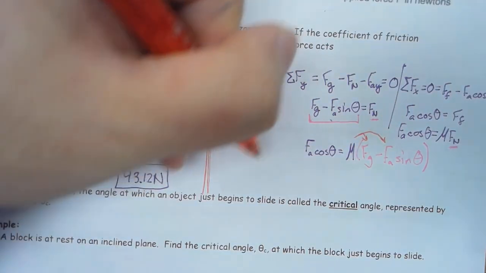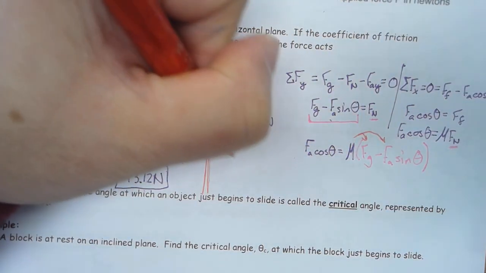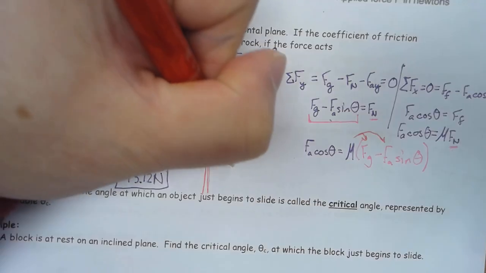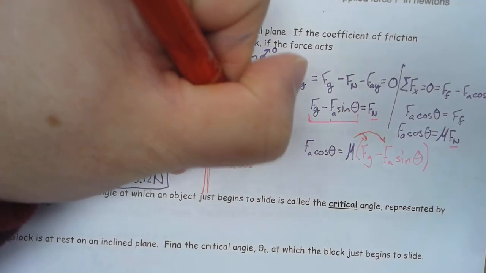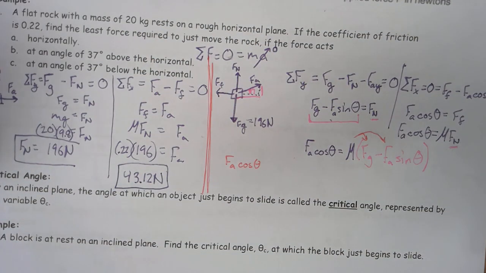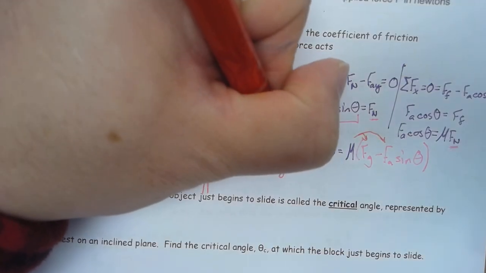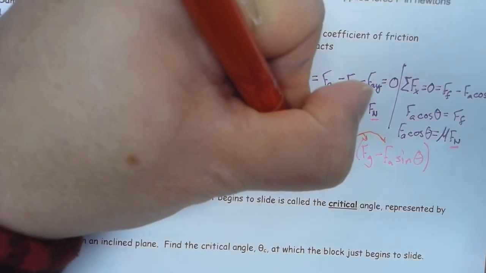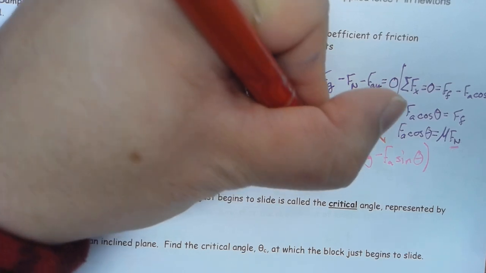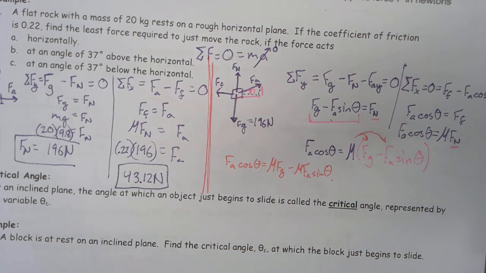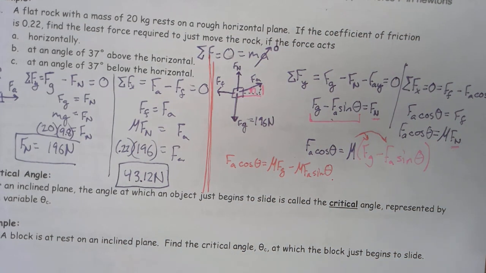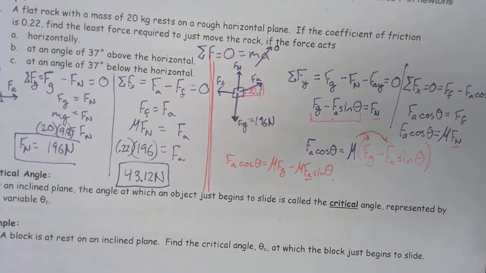So distribute. I'm going to run out of space if I don't move it over here. I'm going to say Fa cosine theta equals mu Fg minus mu Fa sine theta. No parentheses anymore. We still need to get this to the other side. It's being subtracted, so what do we do to both sides?